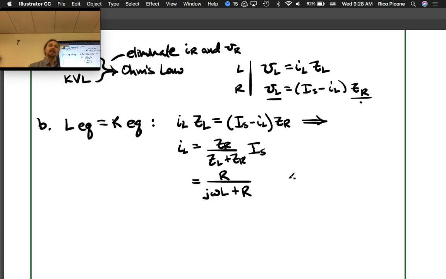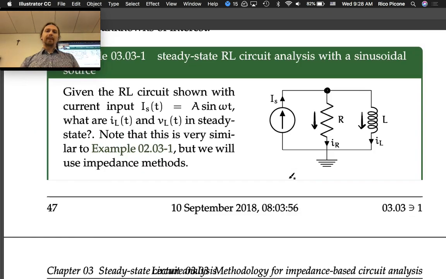So we need to write IS as a phasor. It was given in this non-phasor form, right? Trigonometric form. So we got to write it as a phasor. And it's a sine, right? Not a cosine. So we have two options. We can either use the unconventional sine phasor and say, like, using sine phasors in this problem, or we could introduce a 90-degree phase shift to the sine term.